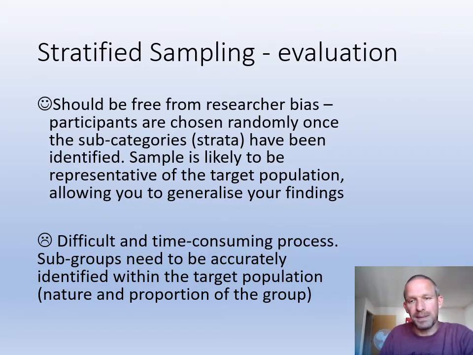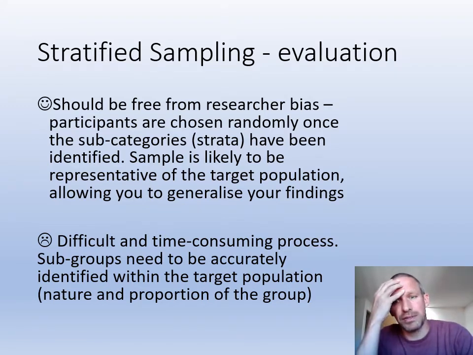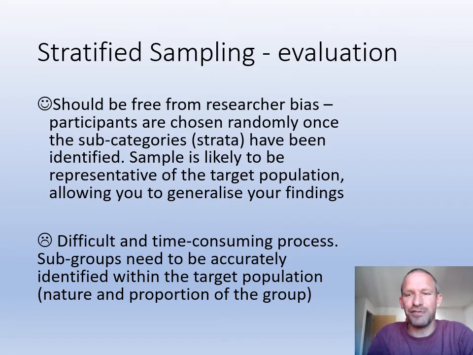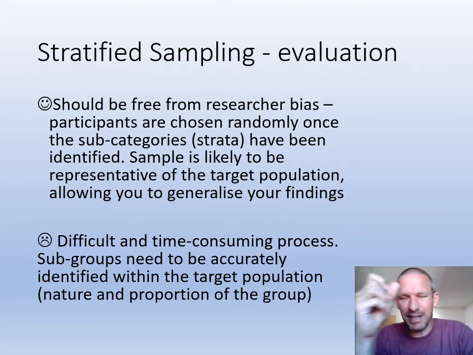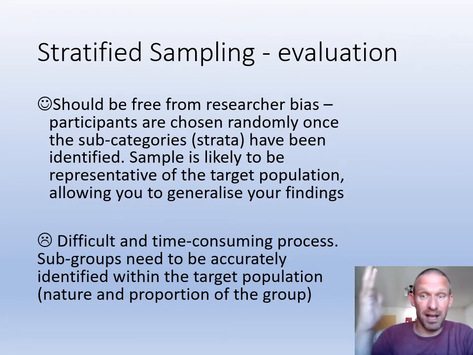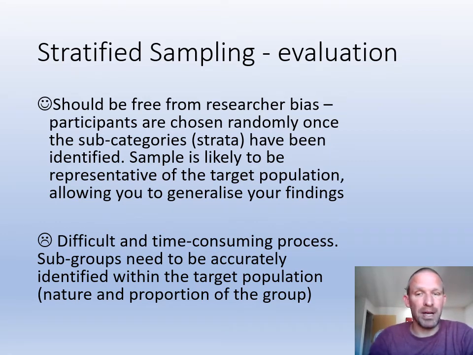But again, this is very difficult, time consuming. First of all, you've got to work out the different groups, you've got to identify the groups, then you've got to identify the proportion of those groups, and then you've got to go about getting your random sample from it. So this is a lot of hard work compared to some of the other ones coming up.